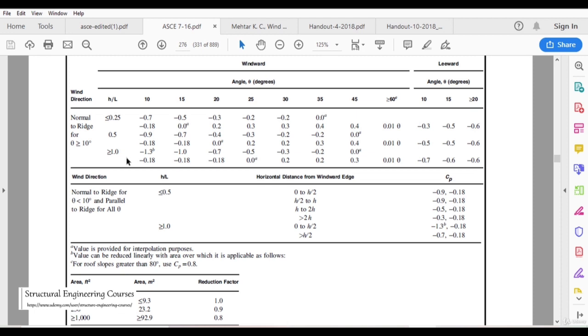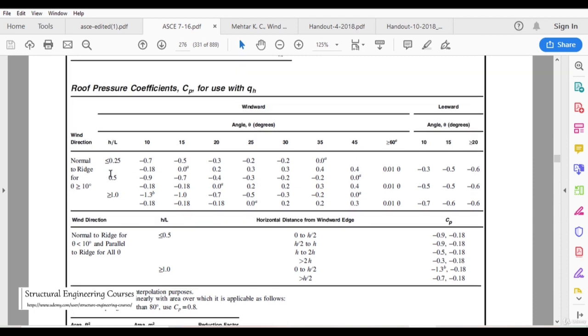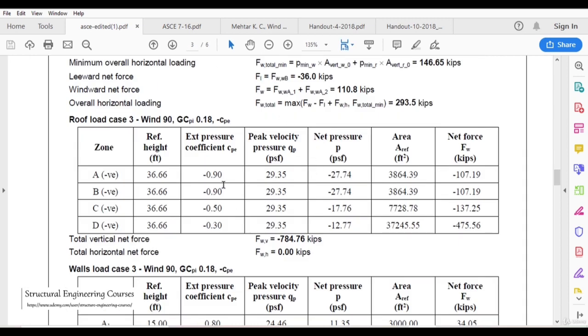They have given normal to ridge and parallel to ridge. For parallel to ridge they have given the values for different h/L and horizontal distance from the windward edge. From this they calculated these values as minus 0.9, minus 0.5 and minus 0.3 for the roofing arrangement.